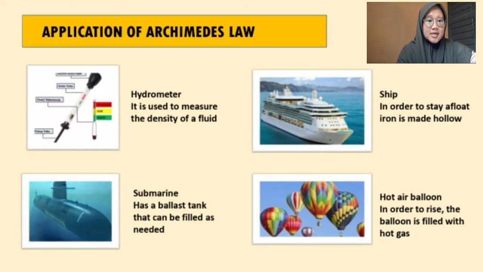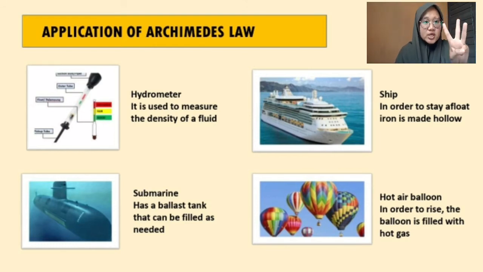Application of Archimedes' Law. First, the hydrometer. A hydrometer is used to measure the density of a fluid. And 2, a ship. In order to stay afloat, iron is made hollow, so that the volume of water displaced is large and causes the buoyancy force to be large.